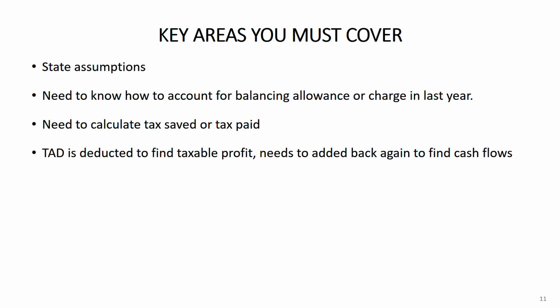Again you need to add back your tax allowable depreciation. From your taxable profit you deduct your tax. Again you have to add back your tax allowable depreciation, your TAD, to get your cash flows. Remember to add back when you deduct. Don't forget to add back again to find cash flows.